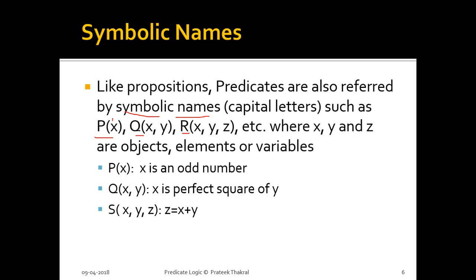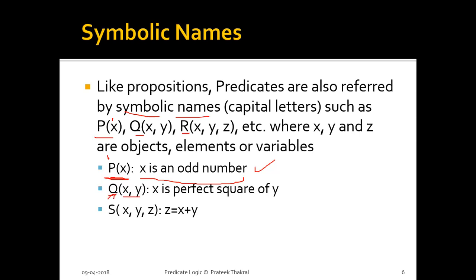The variables x, y and z are the individuals, objects or variables used in that predicate. For example, we have a predicate P(x) which says x is an odd number. Here capital P is the predicate and x is the individual object, element or variable used in this predicate. Similarly, there can be predicates which involve more than one object.